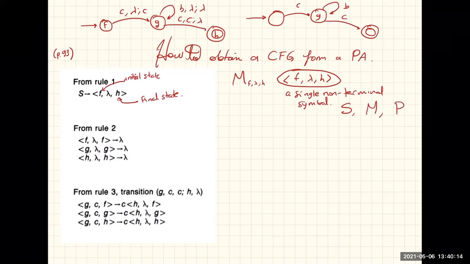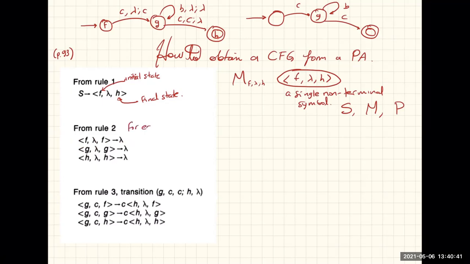Why are we using this triangle notation? Because we will have different ways of building these rules, and this makes it a little bit less complicated. Okay, so first we add one rule. This will be just one rule. Then rule two means adding one of these rules for each one of the states.